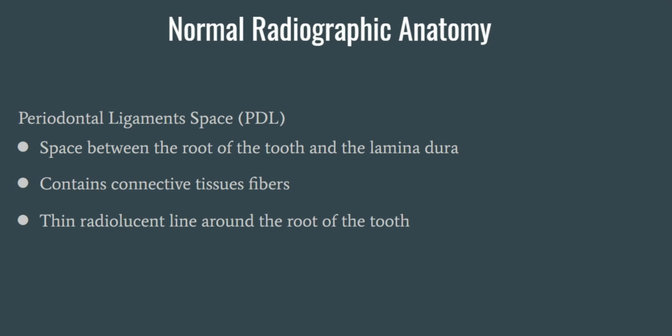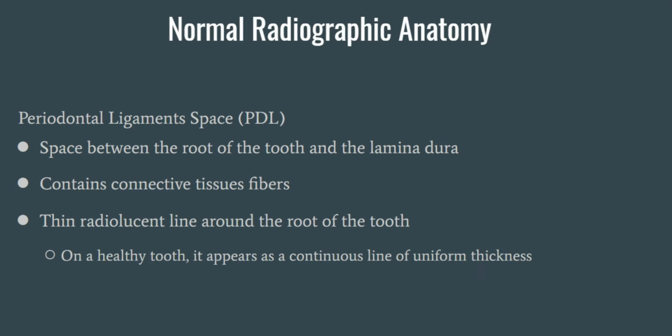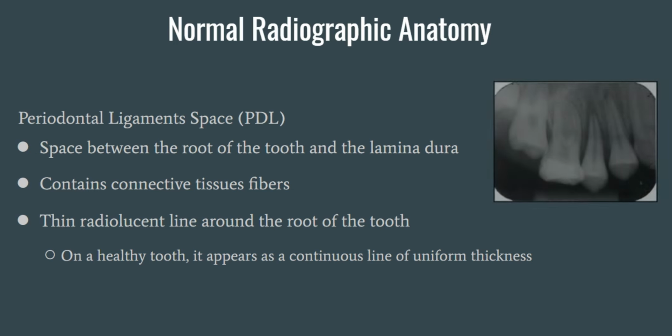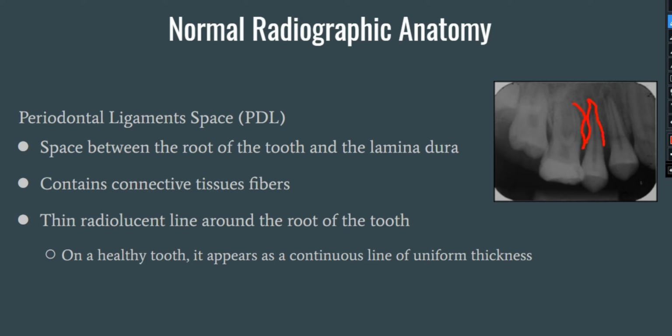And on a radiograph, it's going to be a thin radiolucent line around the root of the tooth. On a healthy tooth, it's going to be one continuous line of uniform thickness. So in this area here, that's going to be your periodontal ligament space. You can see it right here as well. That is your PDL.